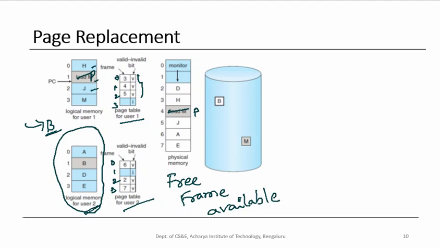A is present at frame number 6, D is present at frame number 2, and E is present at frame number 7. When the CPU tries to access page B, the operating system finds that the valid invalid bit entry for this page is I, invalid.